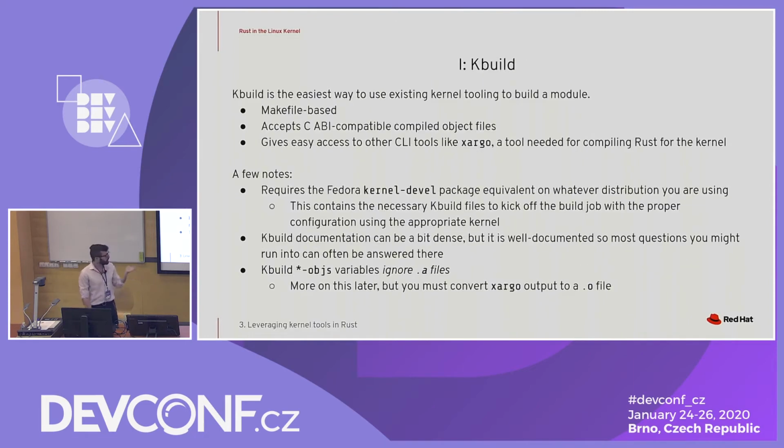So kbuild really is going to be the easiest way to accomplish this task, because it's makefile based and accepts C-ABI compatible object files. It's also going to be semi-shell based, so we're able to call into different tools that we need in the Rust ecosystem.